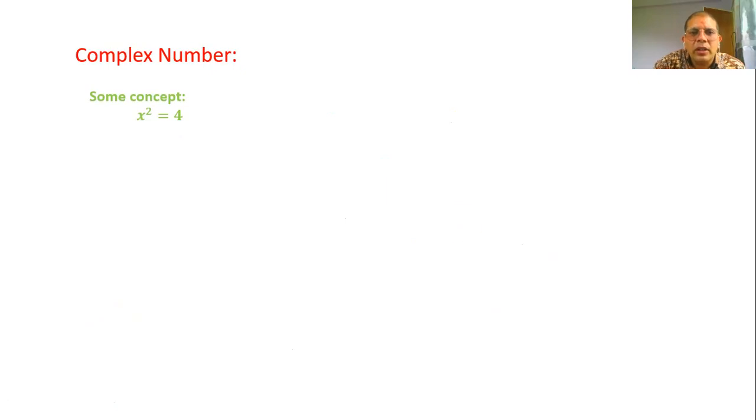Now again I want to revise this concept. So x square is equal to 4. If you have x square is equal to 4, then you can write down x is equal to plus minus 2. Then if you have x square is equal to minus 1, then you can write down x is equal to root under minus 1, but we don't know the value of this one, so we are going to imagine some number.